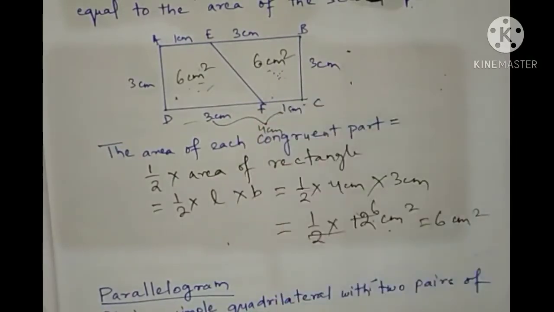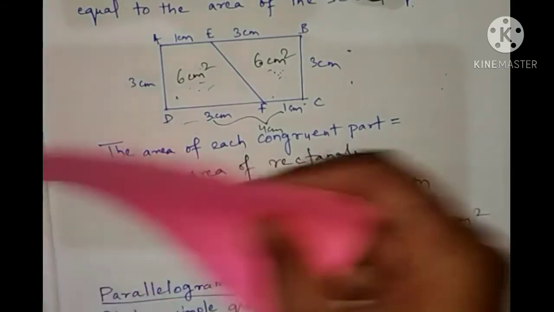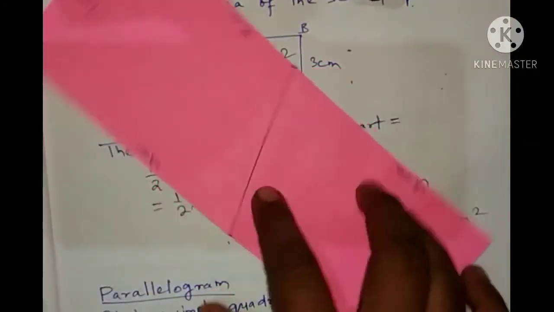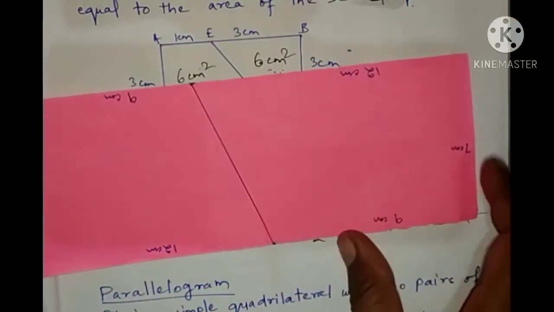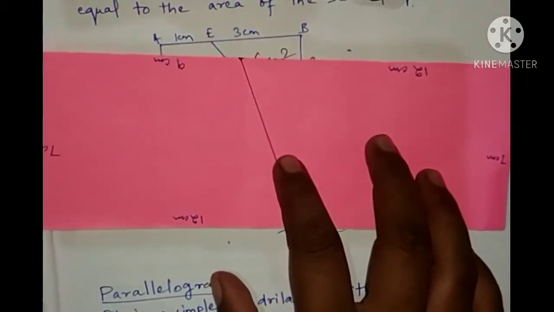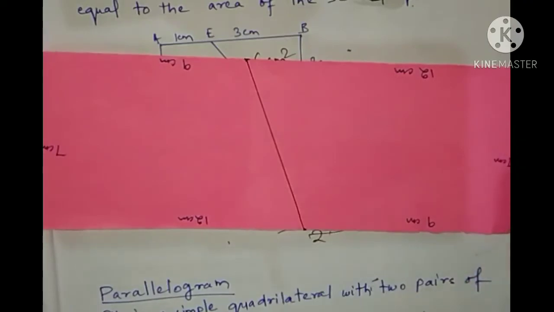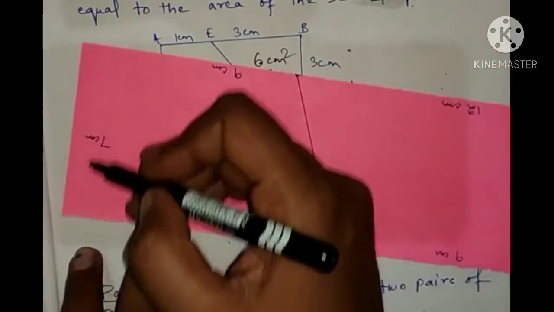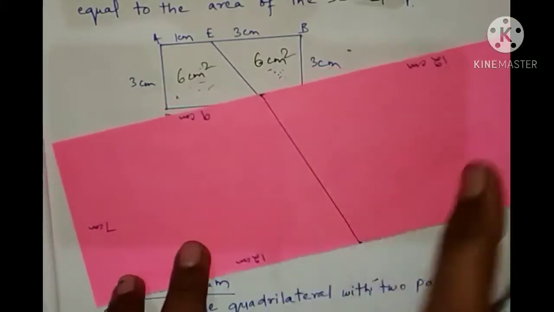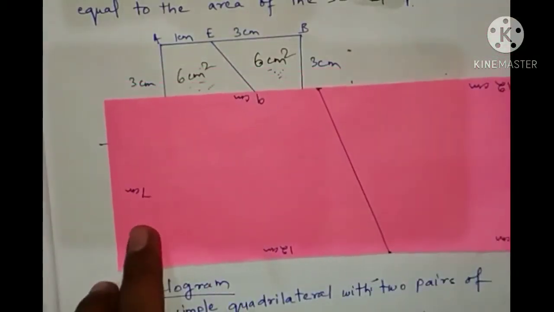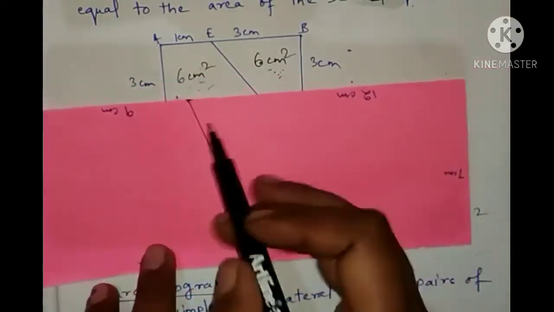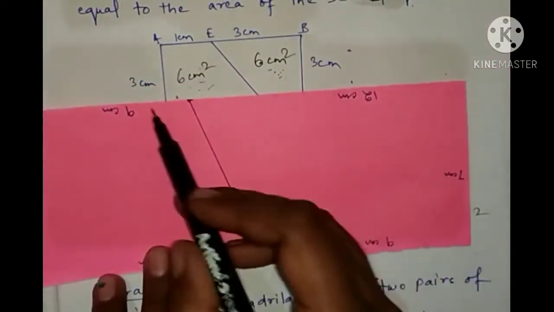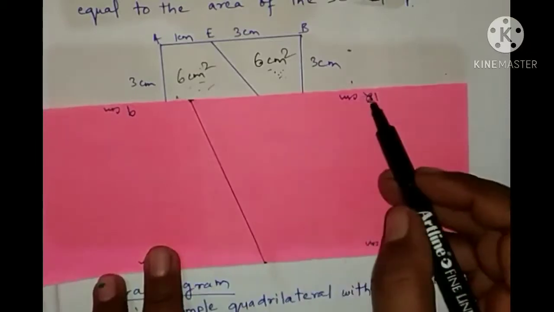Like that, look, I am taking one shape. This is a rectangle shape, and this rectangle has 7 centimeter as the breadth, and 12 plus 9 centimeter, how much total? 21 centimeter is the length.